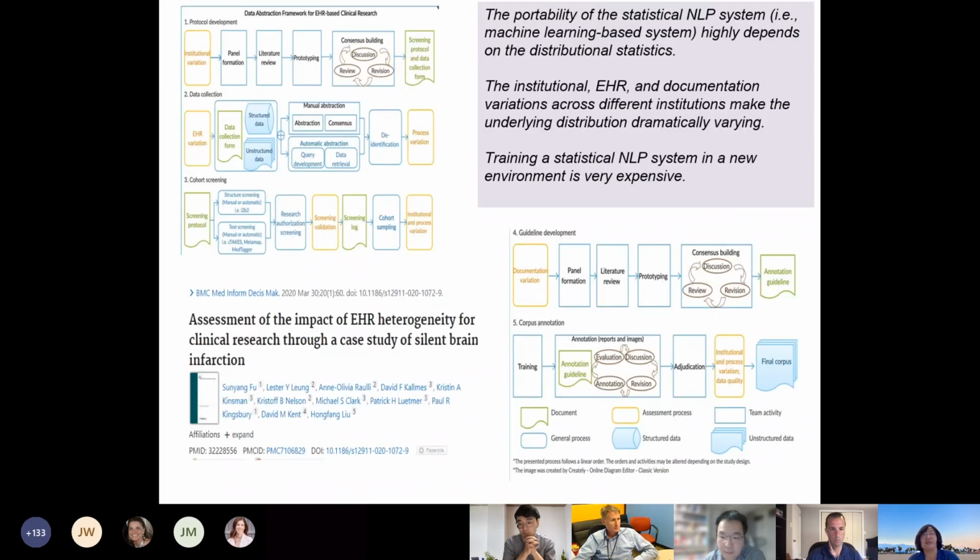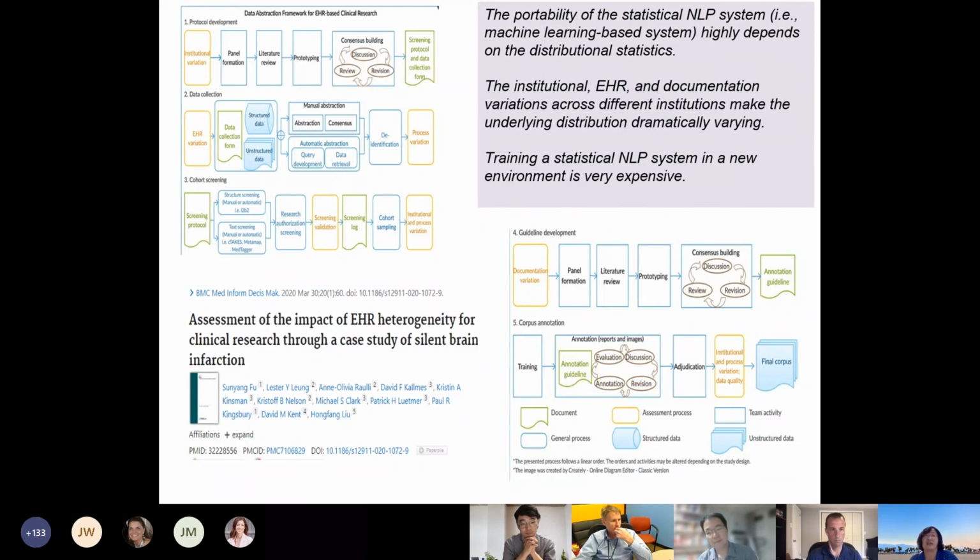And we have been researching this topic for the last 5 years, trying to see why we have this kind of situation. We noticed the portability of a statistical NLP approach highly depends on distributional statistics. The way to overcome it is to leverage a large language model trained on data across many multiple sites, but we know that's not possible due to HIPAA and the challenges associated with de-identification of clinical notes.